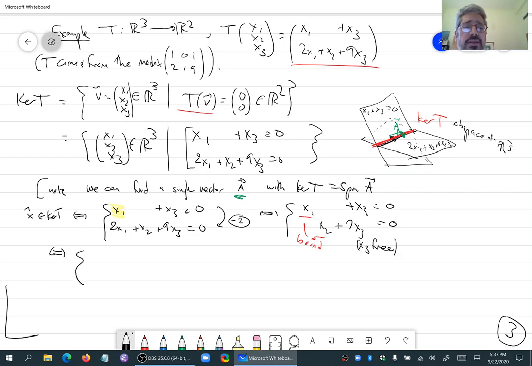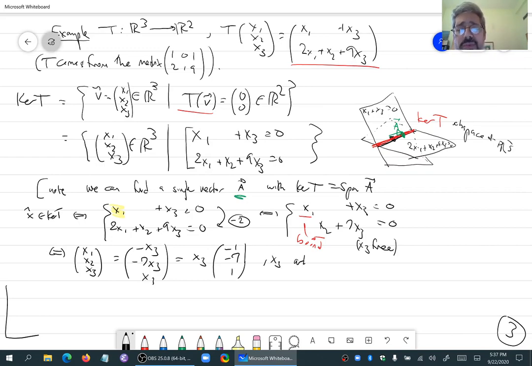And saying that x1, x2, x3 equals minus x3, minus 7x3, and of course x3 is equal to x3, which is x3 times minus 1, minus 7, 1, with x3 arbitrary.